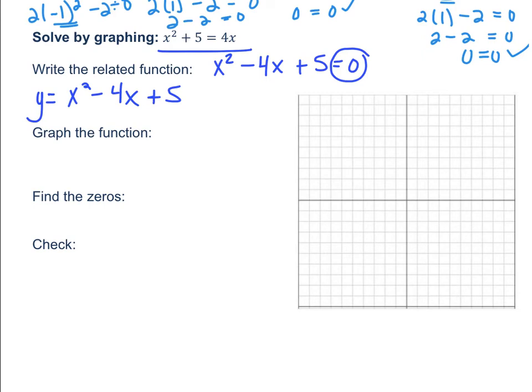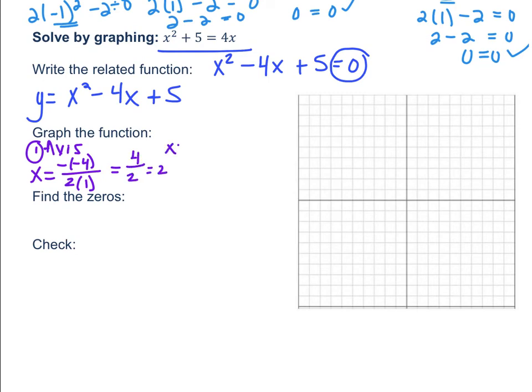So first thing we're going to find is the axis of symmetry. So our axis of symmetry is x equals negative b over 2a. So negative, our b value is negative 4 over 2 times our a value is 1. So a negative 4 goes positive. 4 over 2 equals 2.